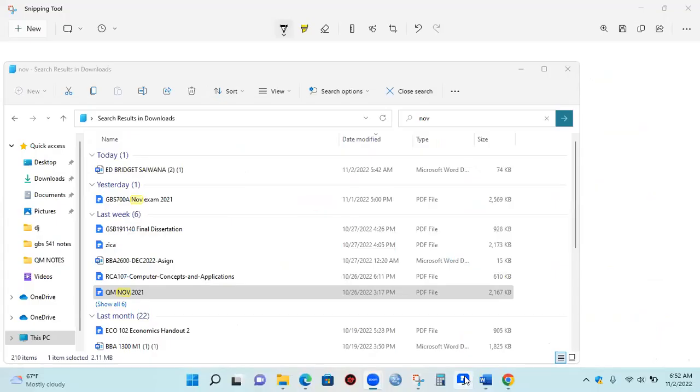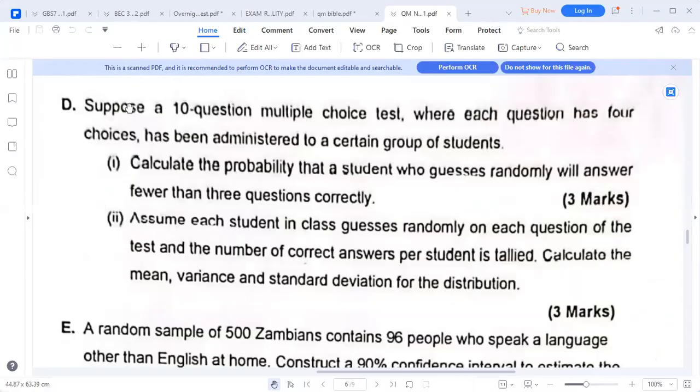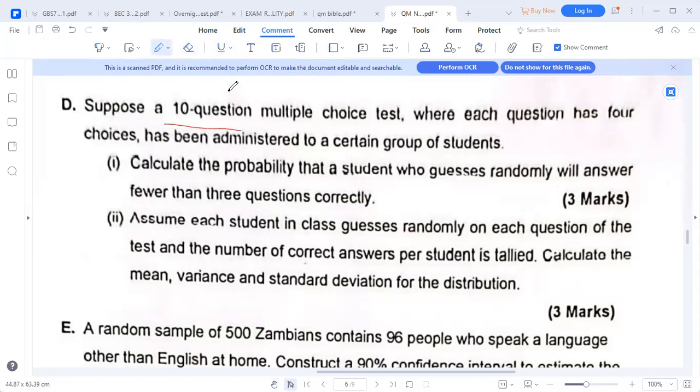Given this question here: suppose a 10 multiple choice question test, where there are 4 choices, is administered. What is the probability that a person who randomly answers gets fewer than 3 questions correct? So to start with, n is 10.